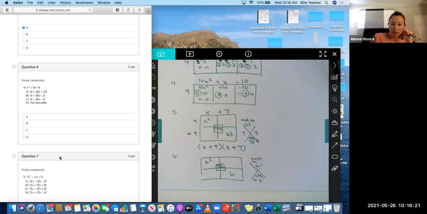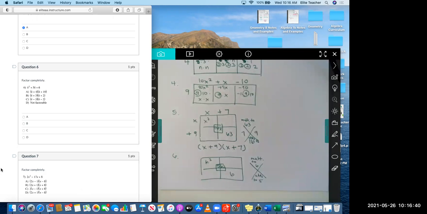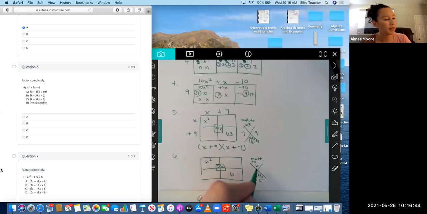Okay, so Solomon, what did you get? Not getting volunteers, so I'm going to have to pick people. Solomon, are you there? Nope. I'm still working it out. I'm trying to figure it out right now. Okay, I'll help you out. So what multiplies to 6 and adds to 5?